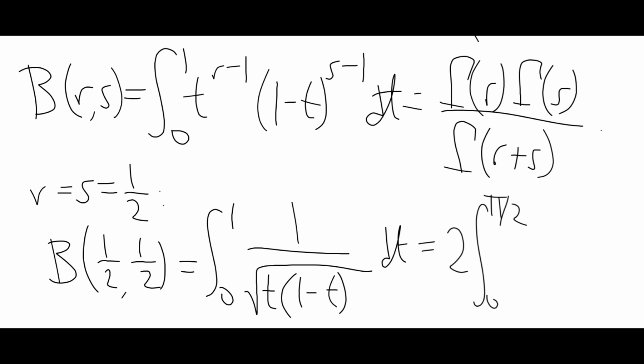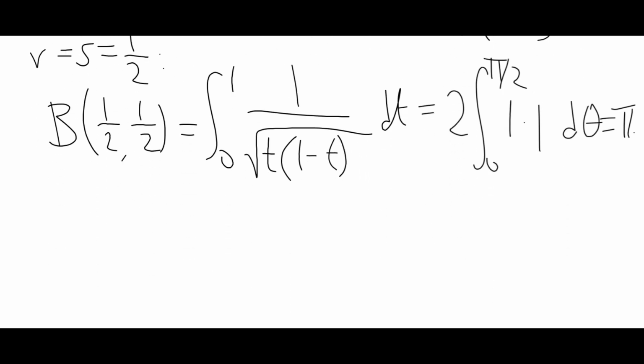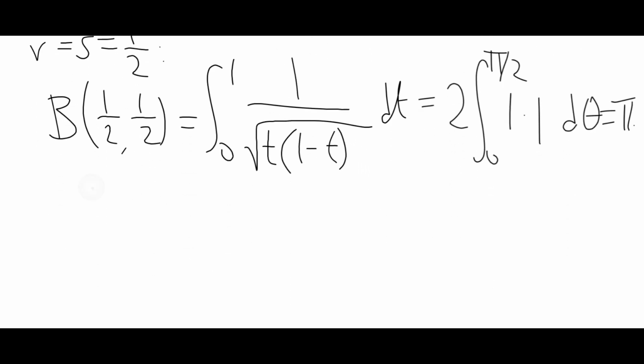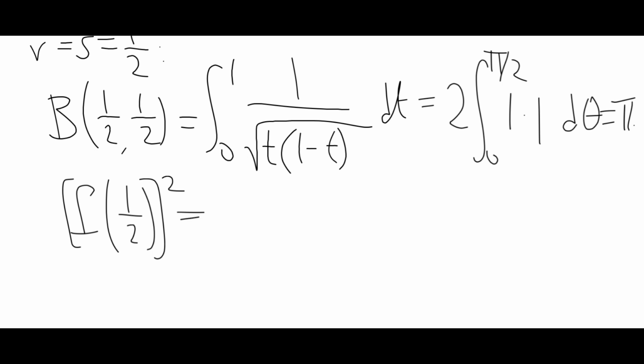Now remember, it was cosine to the 2 times 1/2 minus 1, so that's a 1, times sine to the 2 times 1/2 minus 1, which is 1. Okay. Now that is pretty clearly just pi. Okay, so I get gamma of 1/2 squared over gamma of 1, which is 1, equals pi.